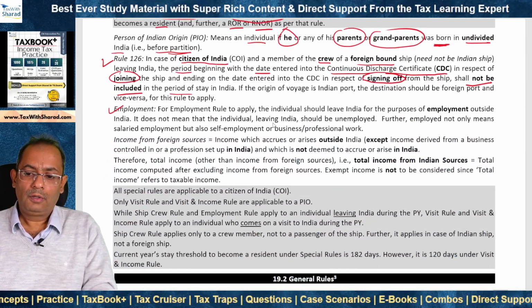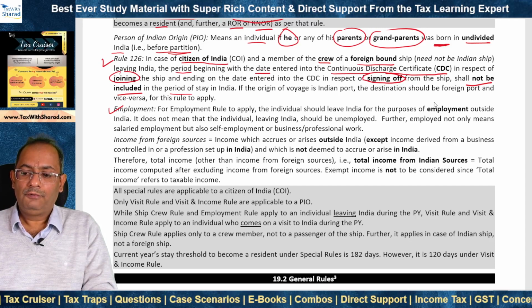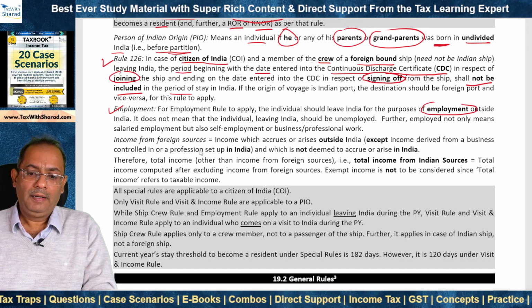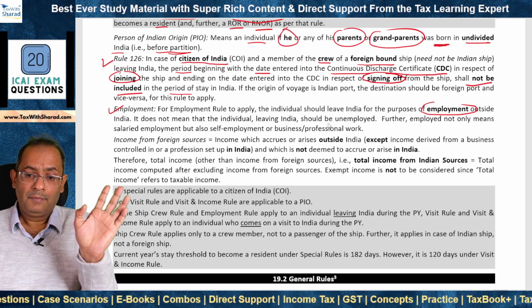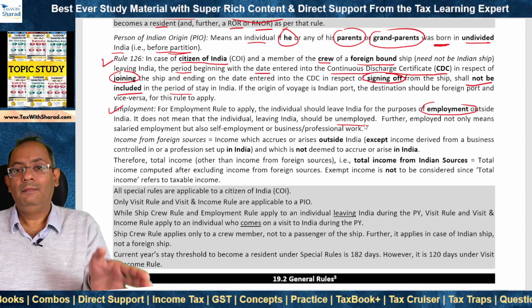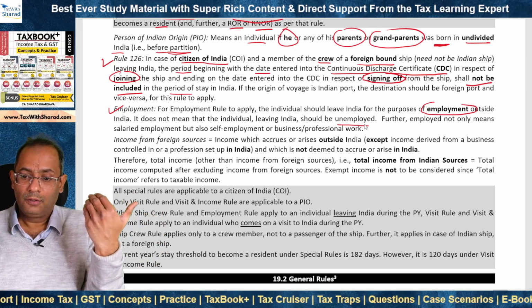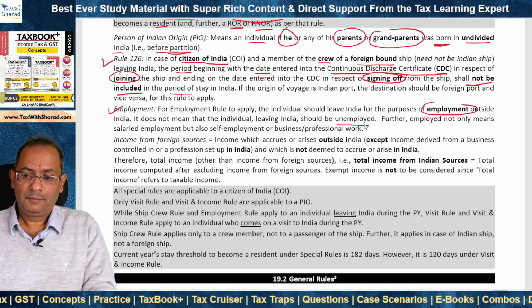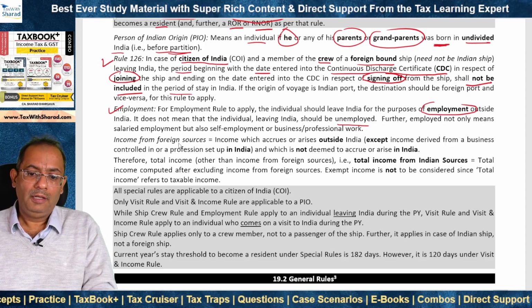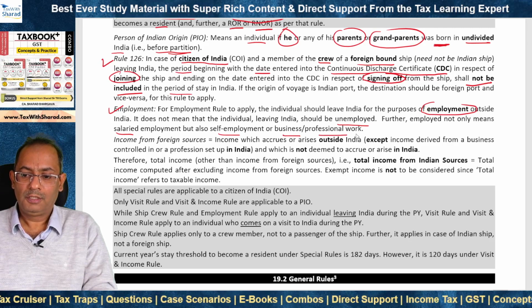We need to note that the individual should leave India for the purposes of employment outside India. It does not mean that the individual leaving India should be unemployed, right? He can be employed in India and he is now going abroad for, say, another employment. Further, employed not only means salaried employment but also self-employment for business or professional work.